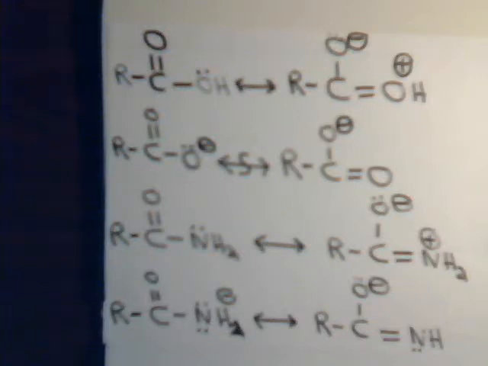And then finally, actually we talked about amides in video number 10. If we said number 9 before, we misspoke. It was video number 10 when we discussed the amide system.